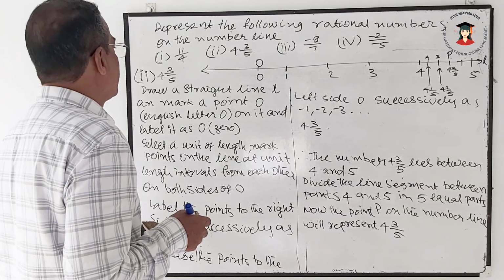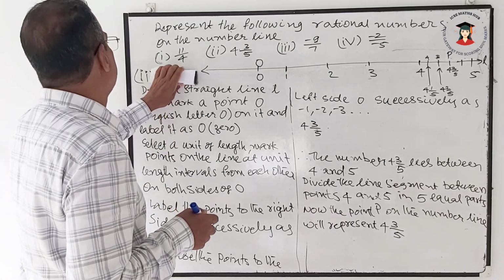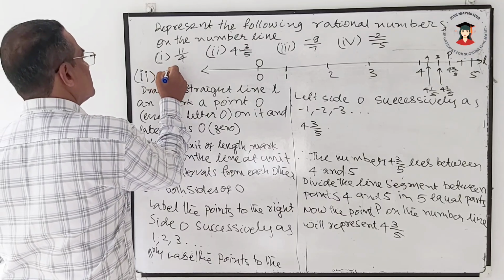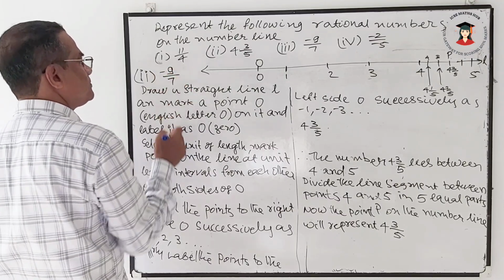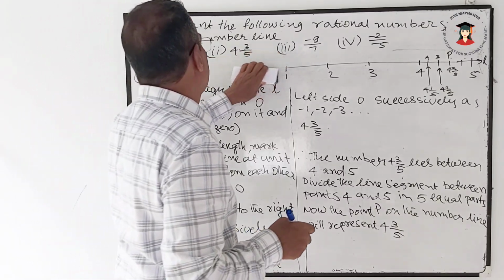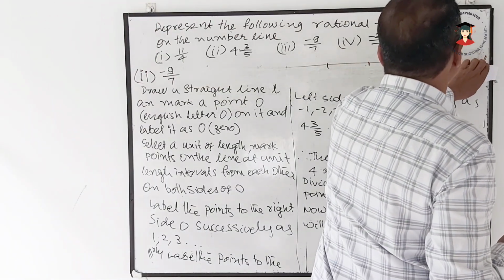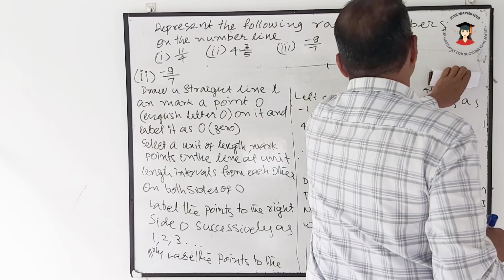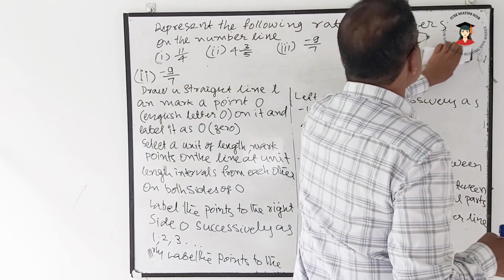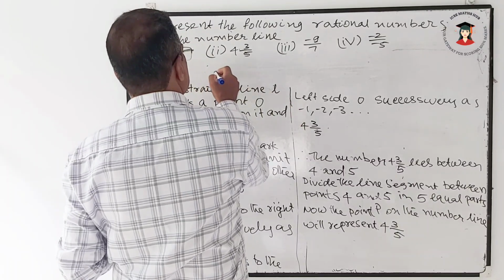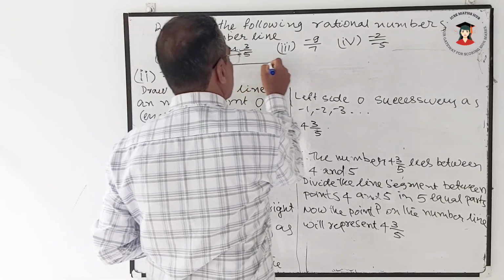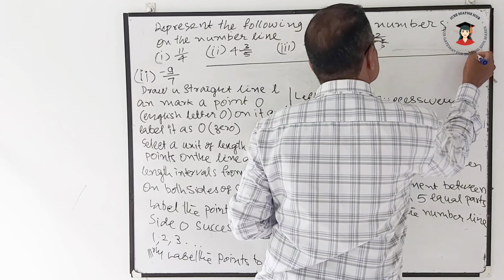Now the third question is minus 9 by 7. So I am going to rewrite this line. Our required point is on the negative side of the number line. So I am drawing this line like this.